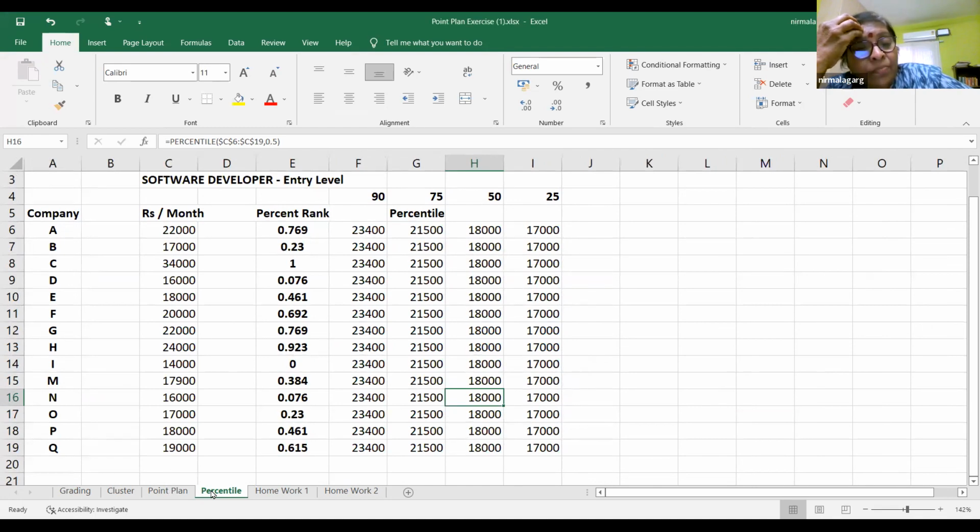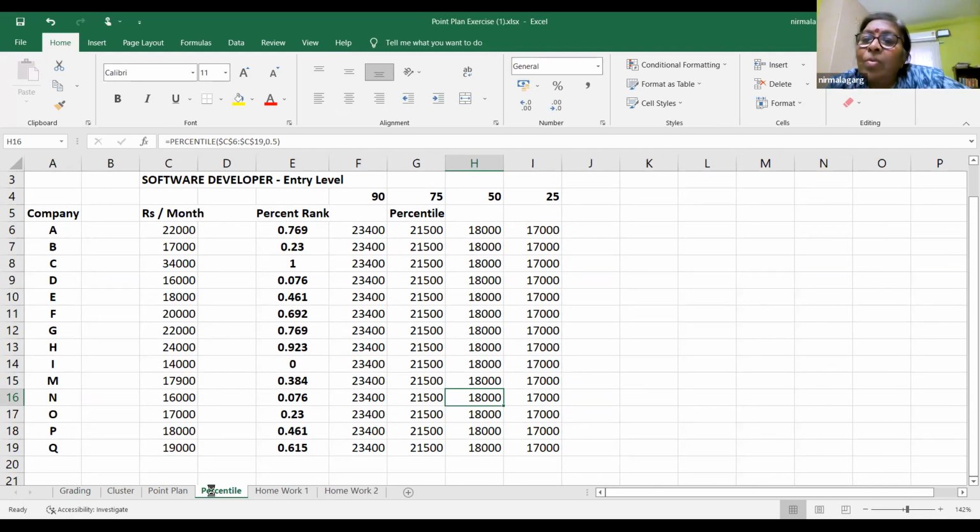You want to start a company and you want to recruit software developers at an entry level. You want the best people, so you want to pay, say, the 90th percentile of the market.